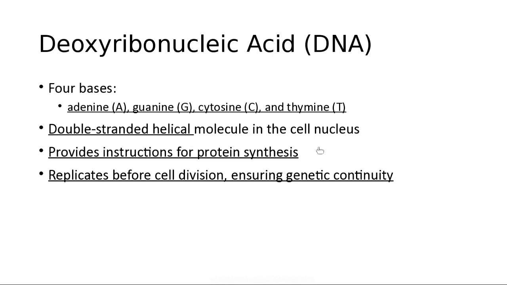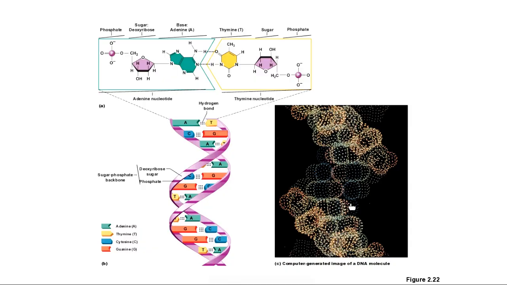Now, when a cell is going to divide, it has to replicate, or basically make a copy of each side, so they'll unwind and copy each side, and then you have two sets of DNA. Here is your double helix, and it shows it's just starting to unwind here.